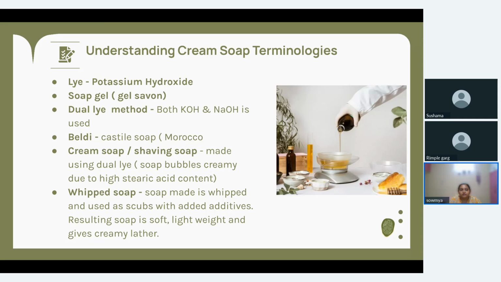People have also started adding additives to the whipped soap, like sugars, or other exfoliants like coffee, almond powder, or even walnut shell. Those mild exfoliants can be added to make it into a scrub soap. So those are the variations we are going to learn in cream soap.